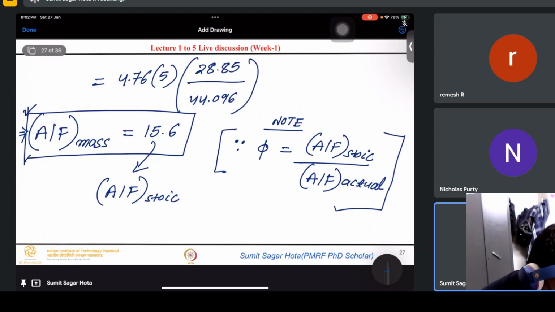If they have given the actual air-fuel ratio and ask what the equivalence ratio is, then obviously you can get it. Also one type of question can be to find phi equivalent.